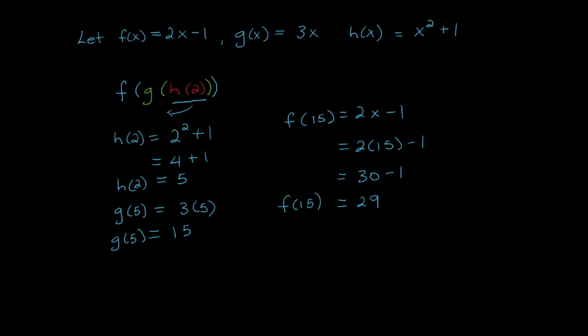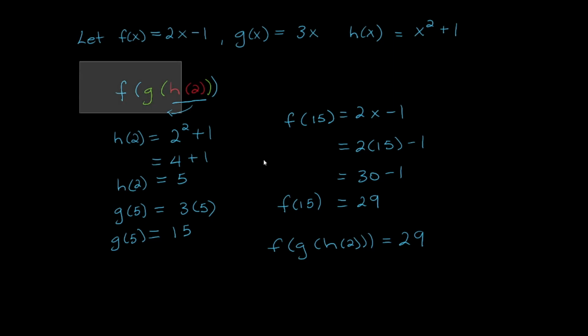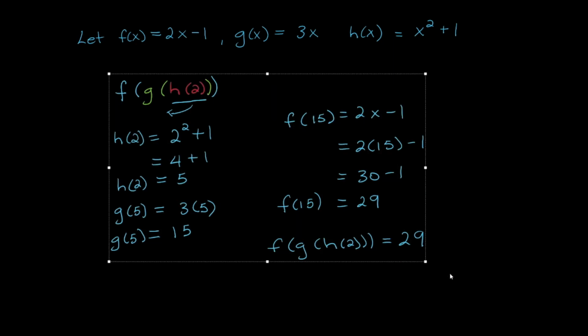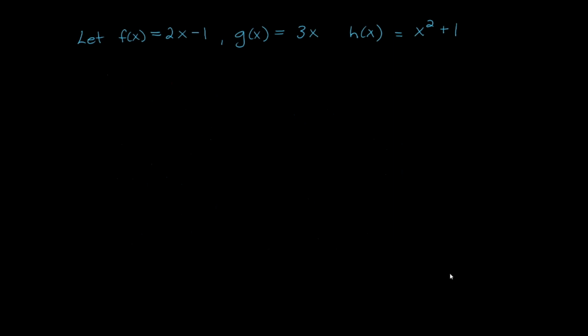So the value for f of g of h of 2 is 29. Okay guys, now let's try another example.